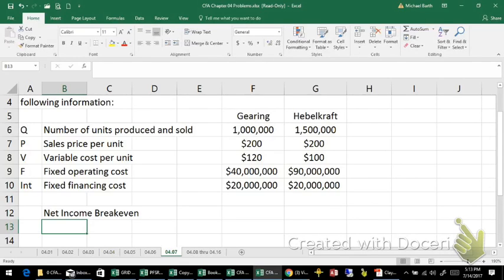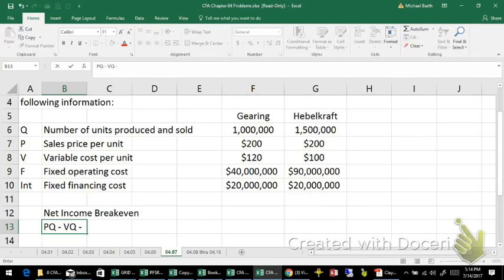If I took PQ, which is revenue, and then subtract VQ, which is basically the cost of goods sold with a variable cost. PQ is the price per unit times the number of units sold, so that's sales. VQ, variable cost per unit times the number of units, is basically the cost of goods sold.